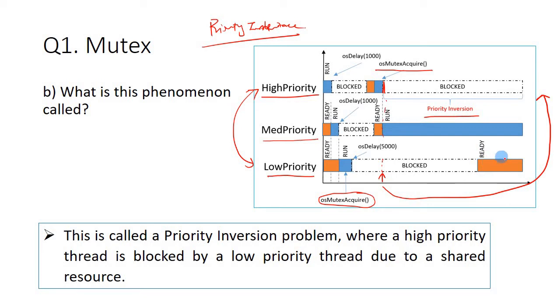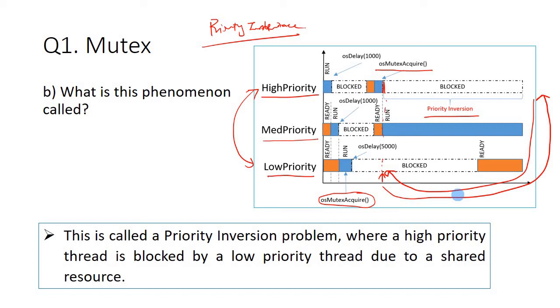Okay, when it gets a chance to run, it can give up the mutex. Okay, and once it gives up the mutex, it will automatically come back down to this same priority level. Okay, and once the mutex is given up, it will then be able to be acquired by the high priority task, and the high priority task can then carry on.